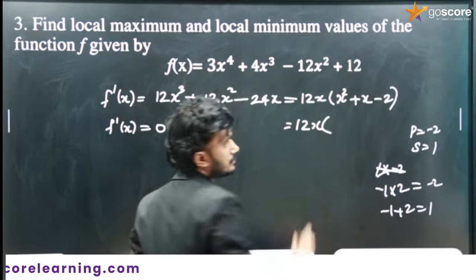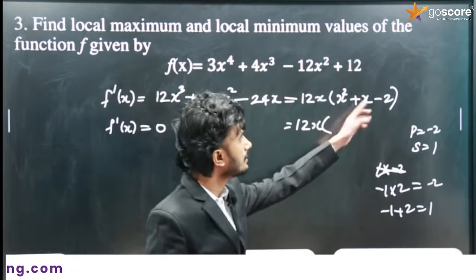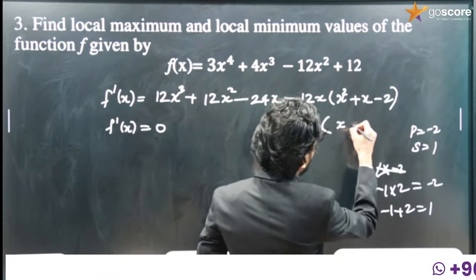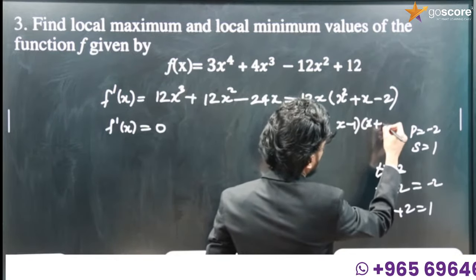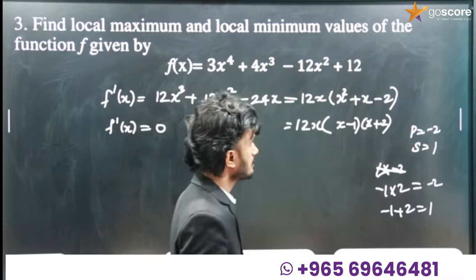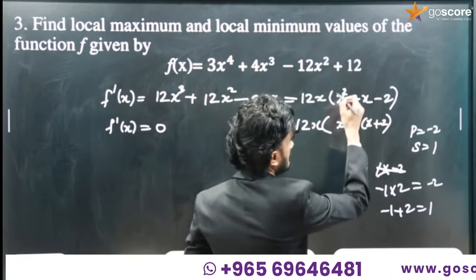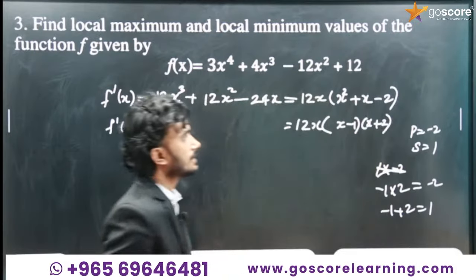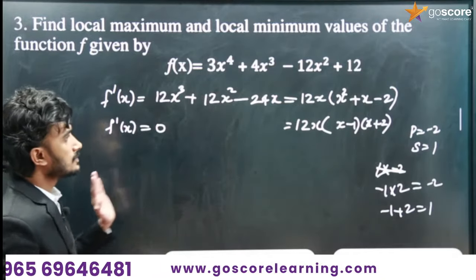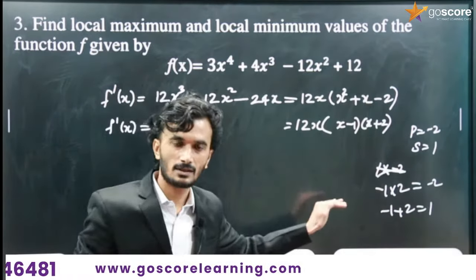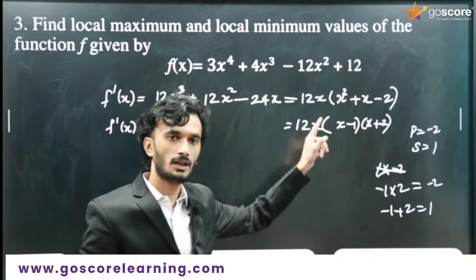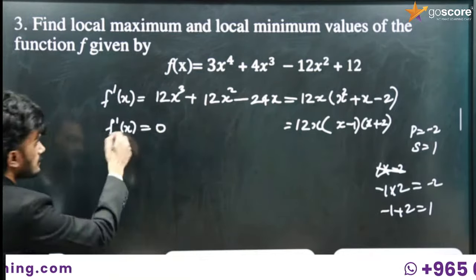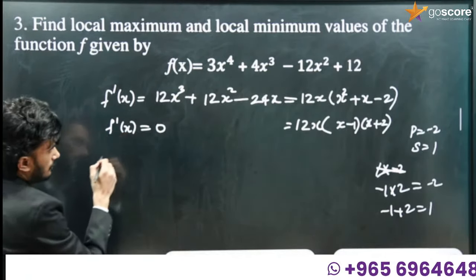So we can factorize as 12x into x minus 1 into x plus 2. We can check: x into x square minus x plus 2x, plus x minus 1 into 2, it is minus 2. So f dash x is equal to 12x into x minus 1 into x plus 2. Then we want to find the critical points. The critical point is where f dash of x is equal to 0.